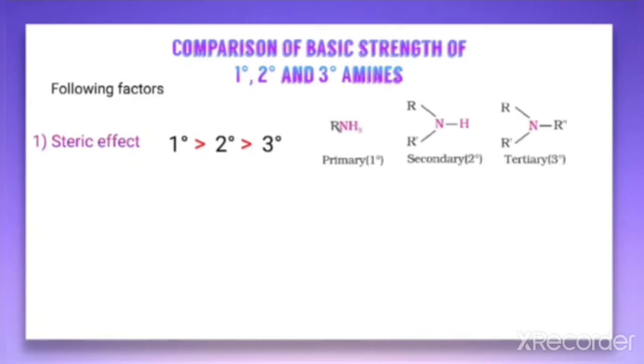But when we compare the solvation of ions, that is the next factor, when the amines are dissolved in the water, they undergo hydration through the hydrogen bonding. Because of this, the greater the extent of hydrogen bonding in the protonated amine, more will be its stabilization and consequently greater will be the tendency of amine to change into cation.